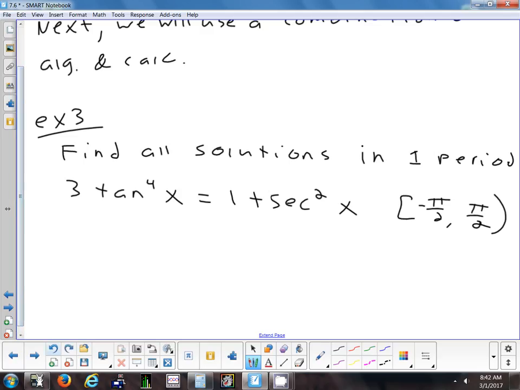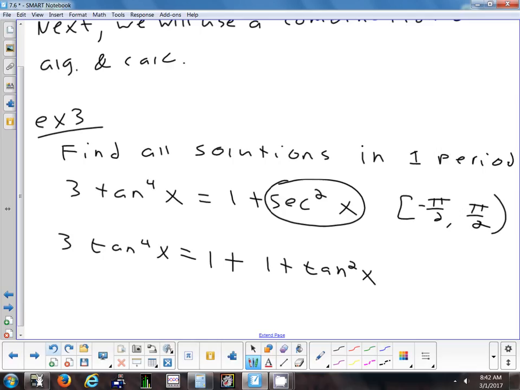And there is an identity for that. It's not the sine squared plus cosine squared equals 1. It's the one right below it in that list. Does anybody remember the identity for secant squared? It's like 1. Yes. 1 plus tangent squared. What I circled is 1 plus tangent squared.